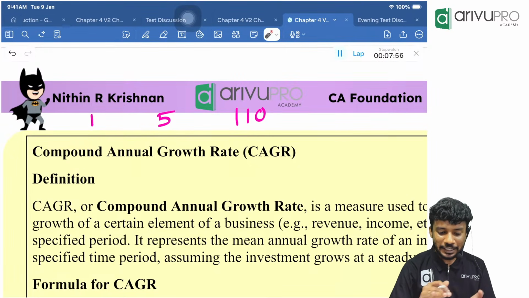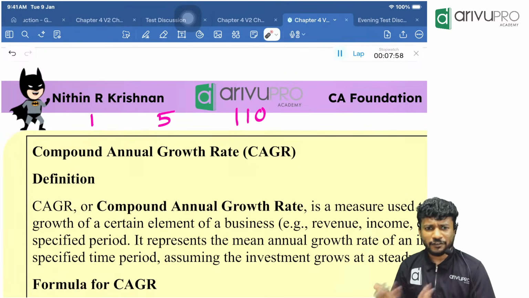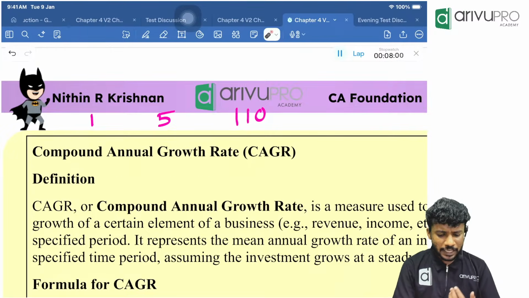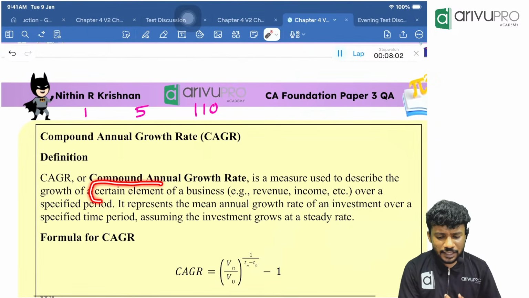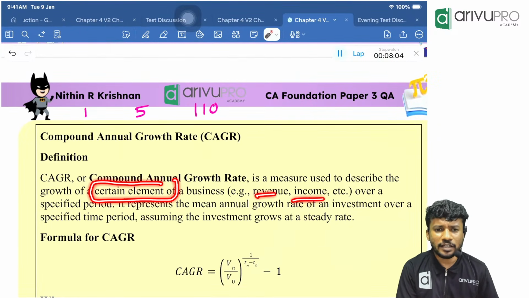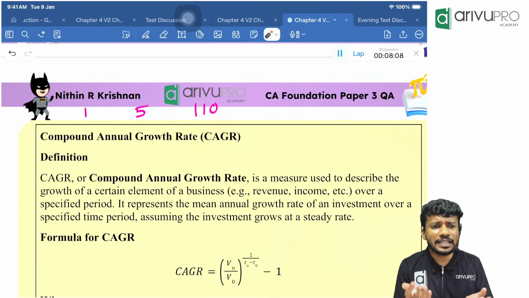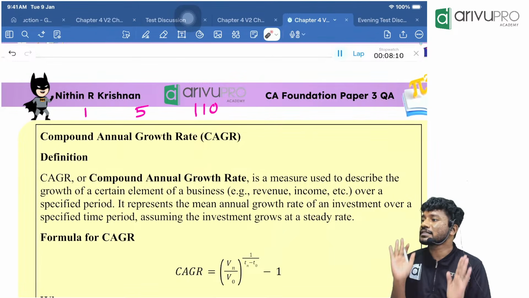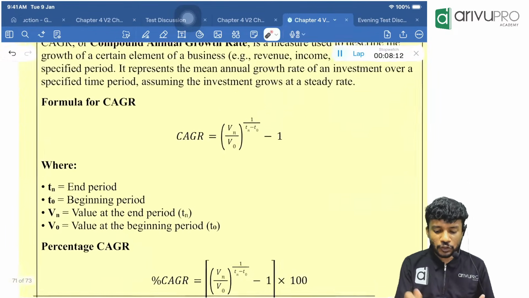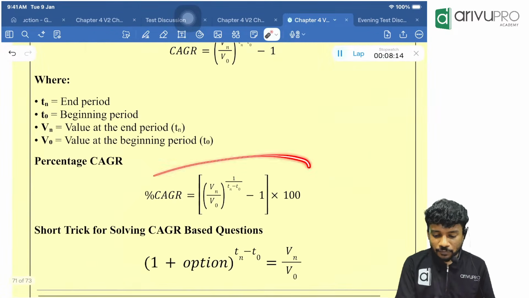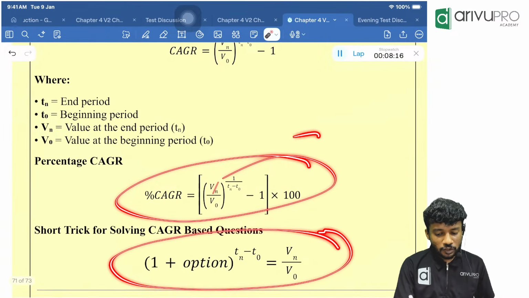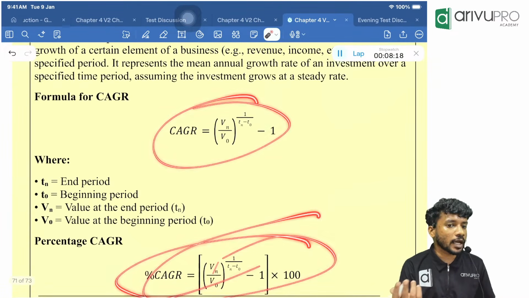Or how much the revenue of a company increased. Basically we are considering a certain element, revenue, income, profit, whatever it may be, and we can find the increase in percentage. Then there is a crazy formula for this, and if you know this formula, you can get the answer.